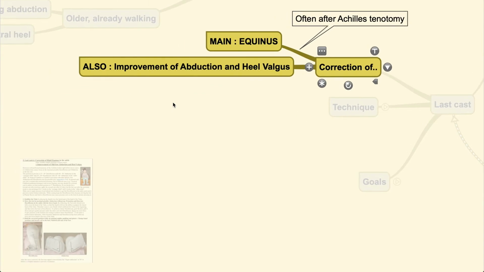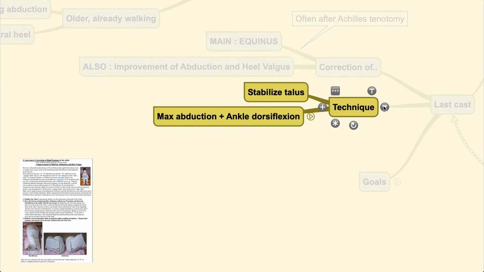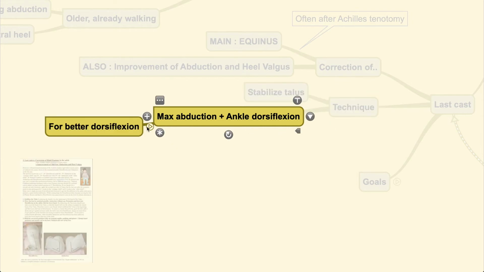So finally, you need to correct the equinus, while also improving the abduction and heel valgus. The way you do it is the same. You need to use the talus as your axis, and then perform maximum abduction and also ankle dorsiflexion.